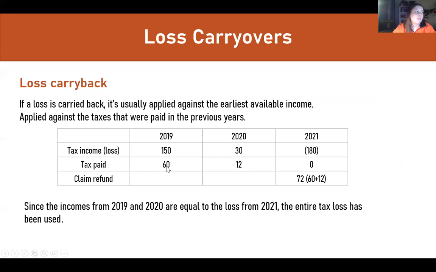I can claim a refund for $60 and $12, so $72. Since the taxable income from 2019 and 2020 is equal to your loss from 2021, the entire tax loss has been used. So you're good to go. You're getting your money back and you continue on with your life as if nothing happened.